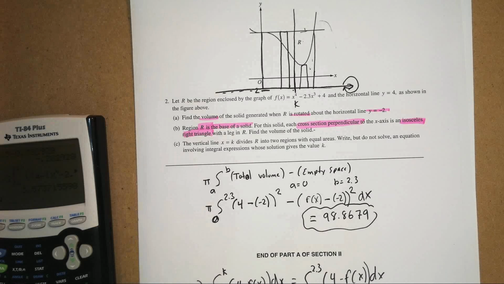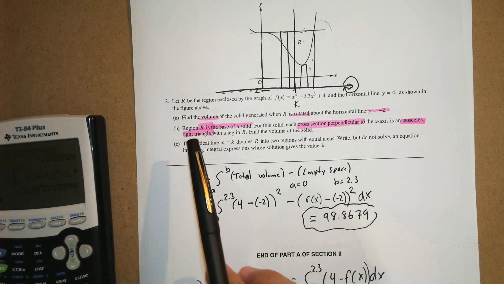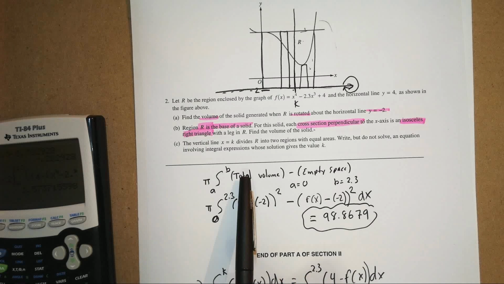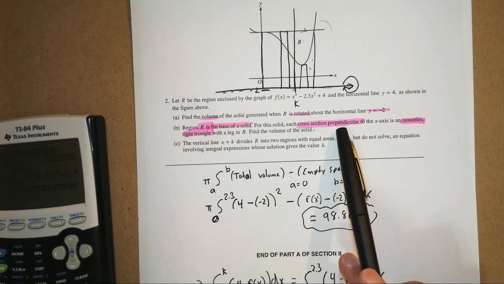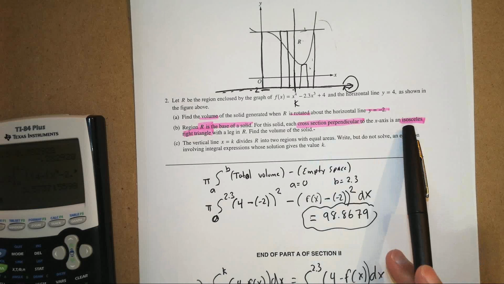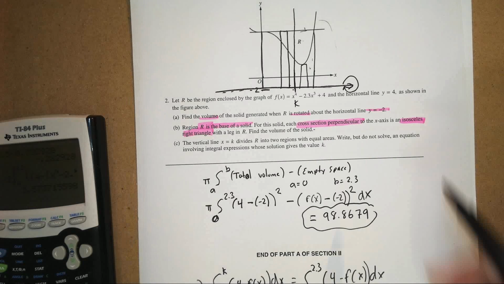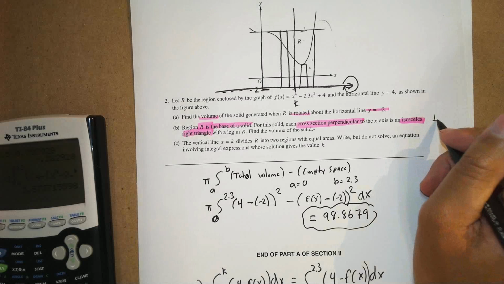So for this question, you're going to get asked for volume. And you have to remember, total volume minus empty space, top curve minus bottom curve. Then for part B, it asks you for a cross-section. Remember, they're going to tell you the shape. Whatever the shape is, figure out how to find its area, which is half times base times height.